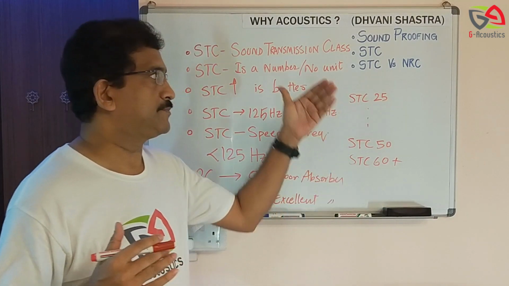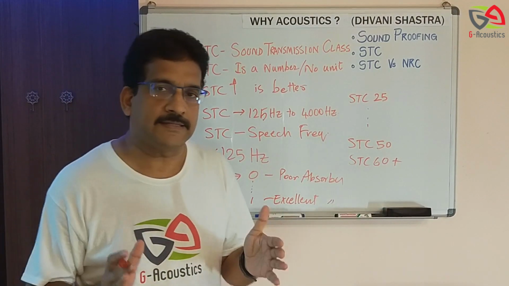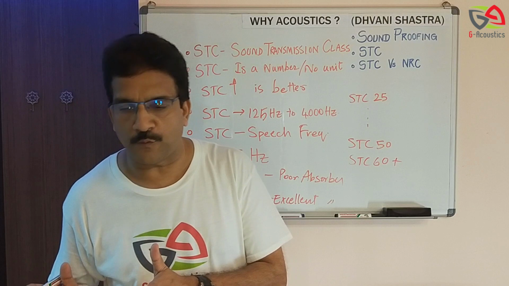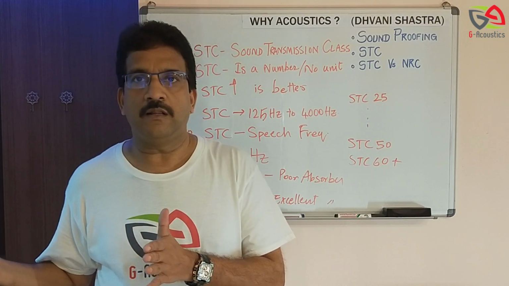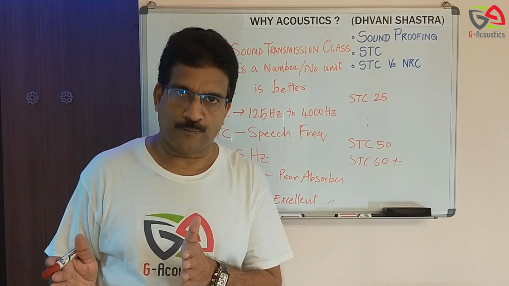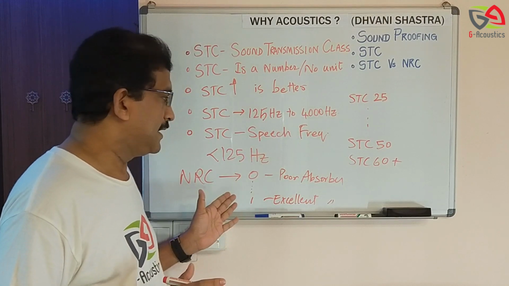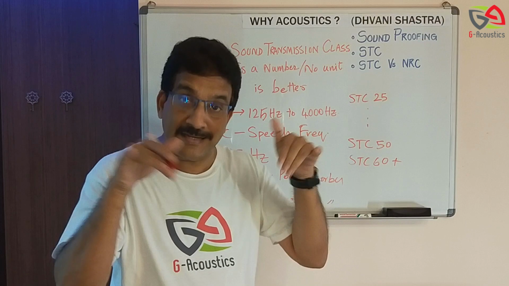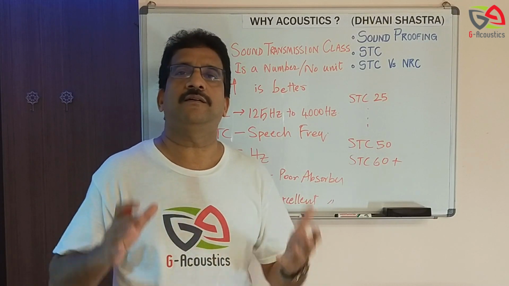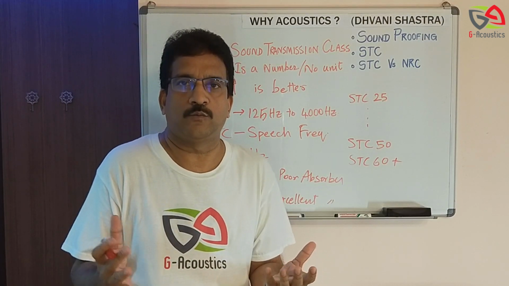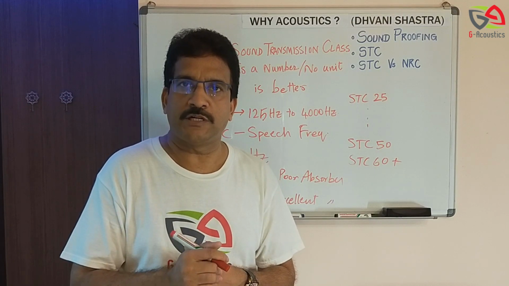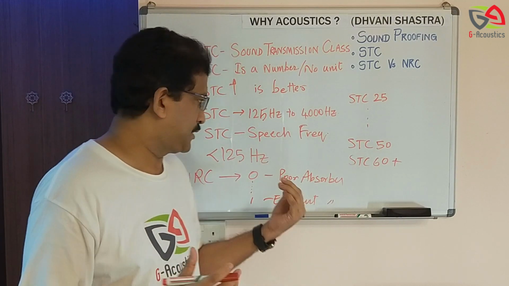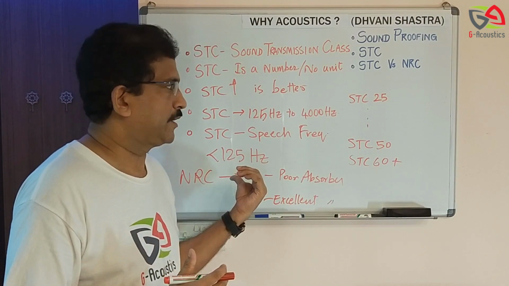This is talking about the absorption property of a material within a room. So the basic difference between STC and NRC is that STC is related to soundproofing between the outside and inside of the room, whereas NRC is a parameter of a particular material used inside the room so that you get the right acoustics inside the room. And we spoke about the reverberation time RT60, for which these parameters are important.